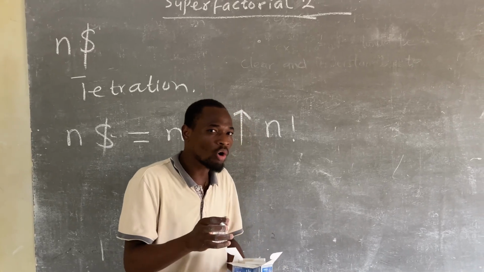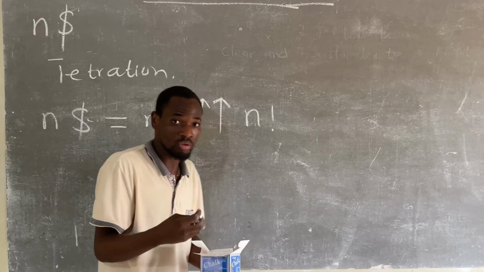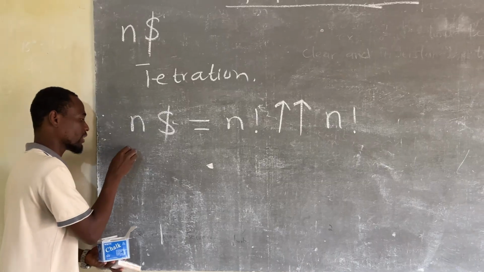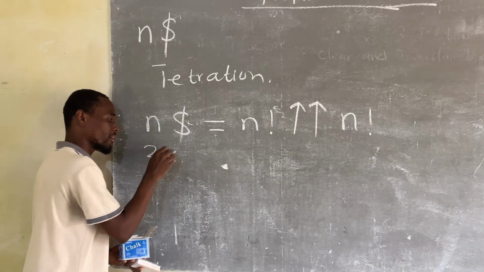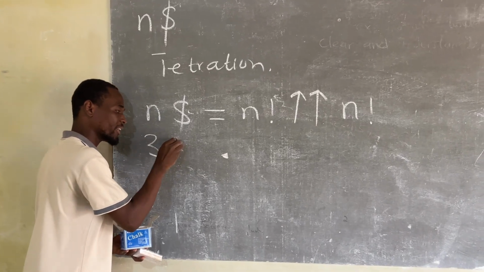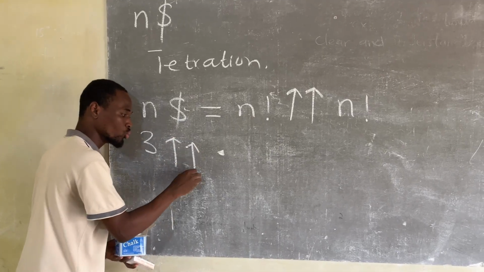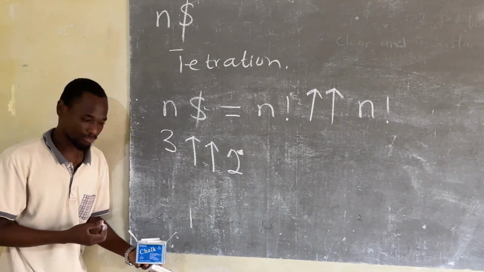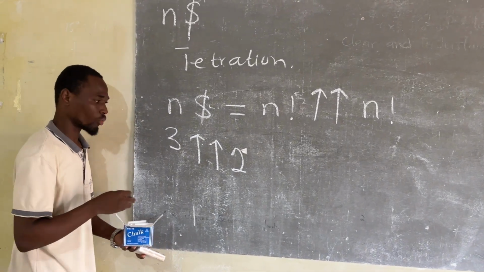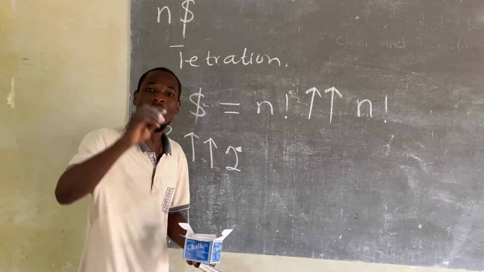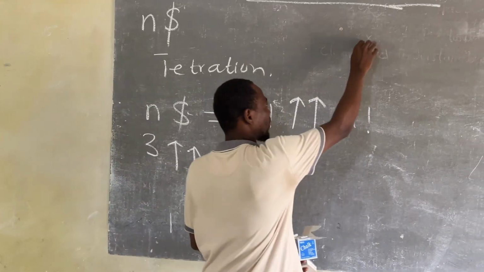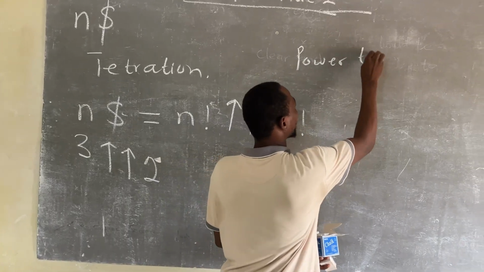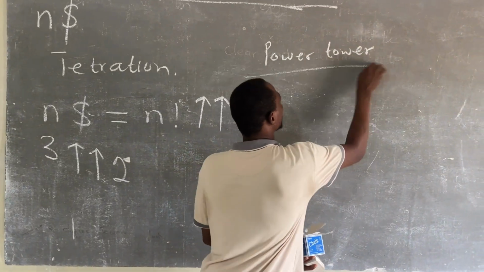Okay, so let me throw more light on the tetration. If I have a number, let's say 3, 3 tetrated to, let's say, the number 2. What does it mean? What happens is we'll be getting what we call a power tower.